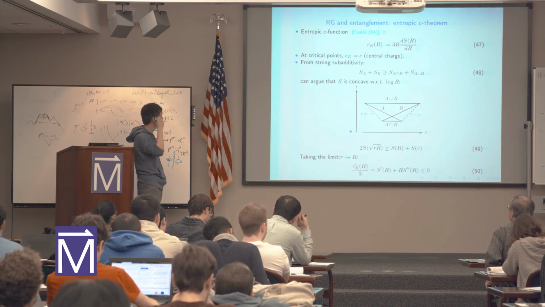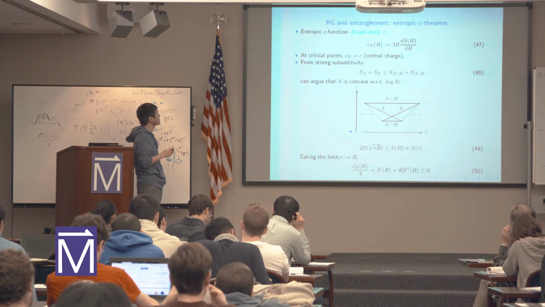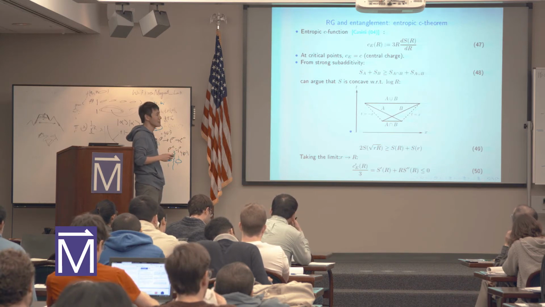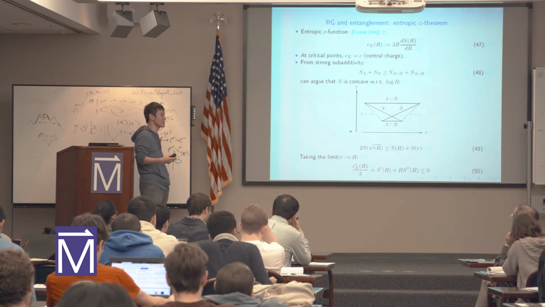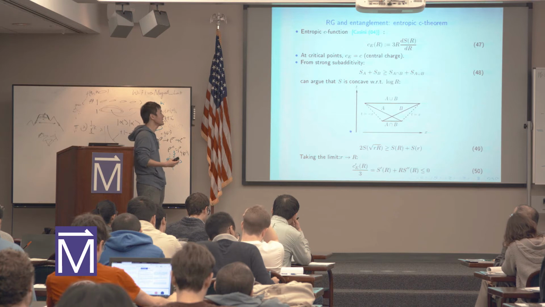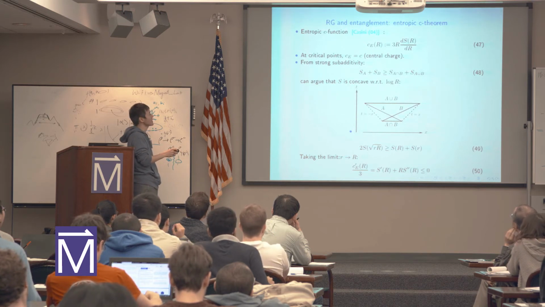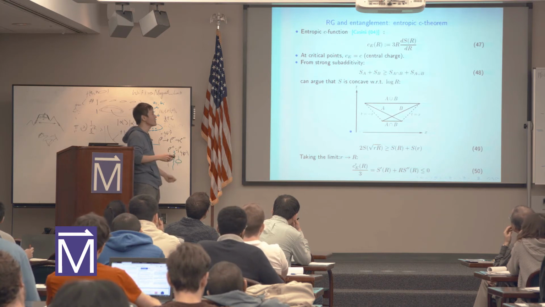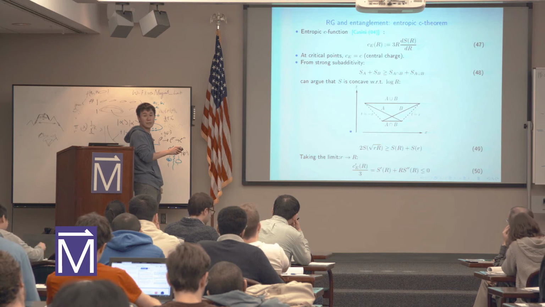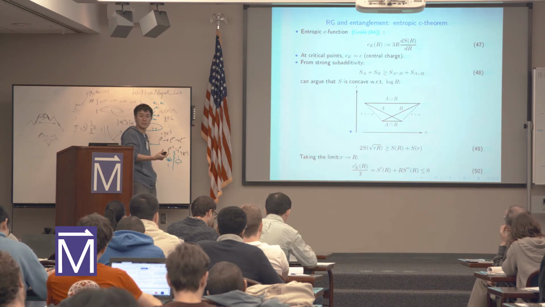Casini, in 2004, defined something he calls the entropic C function. The precise connection to the Zamolodchikov C function is not clear, at least not clear to me, but he defined this function. It's given in terms of the entanglement entropy for a subregion of length R. S_R is the entanglement entropy, but you take a derivative of it with respect to the size of the subsystem.